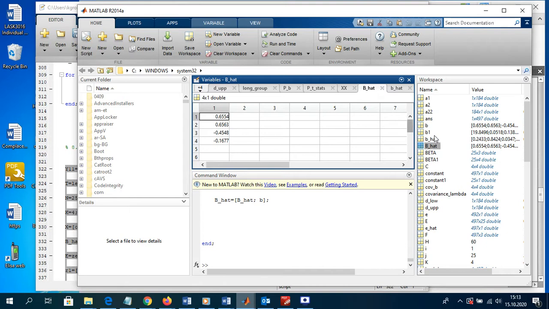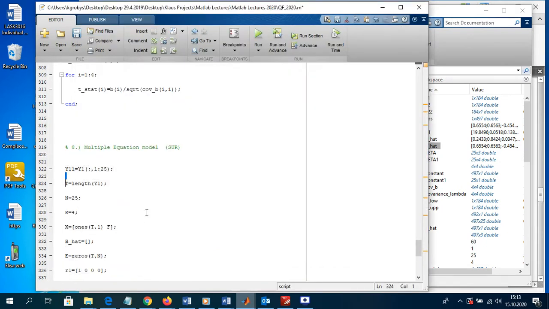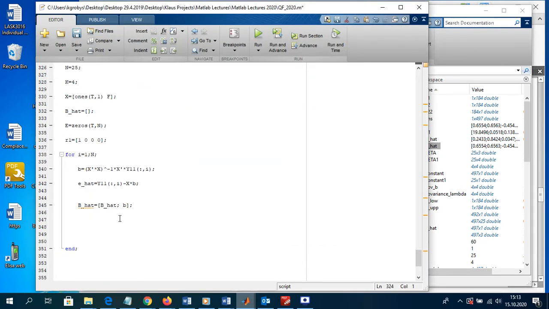Now our beta hat does not store everything how it should, right?